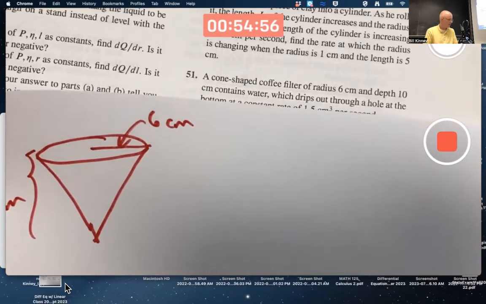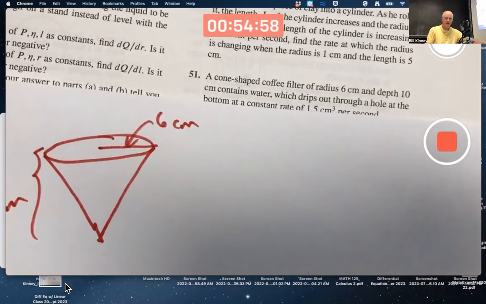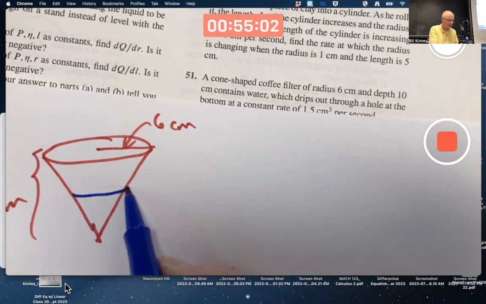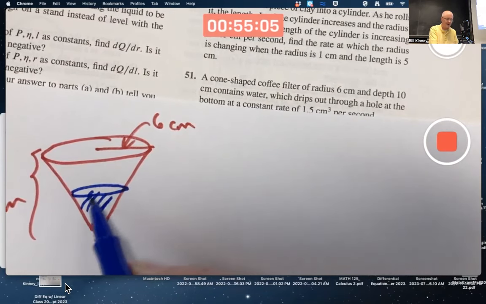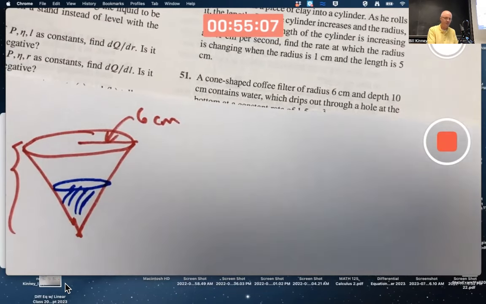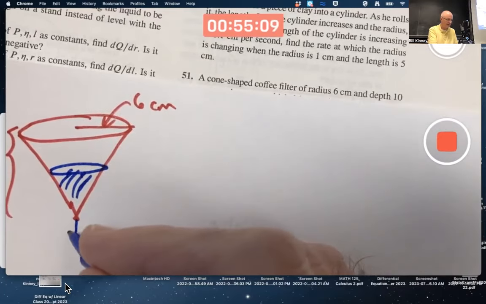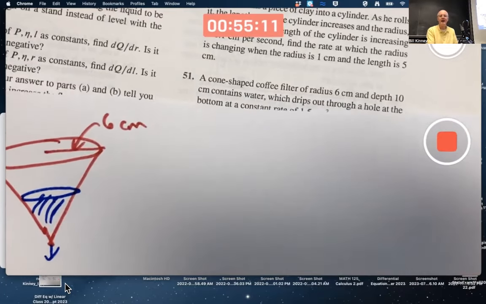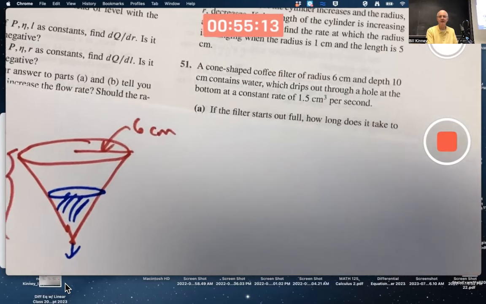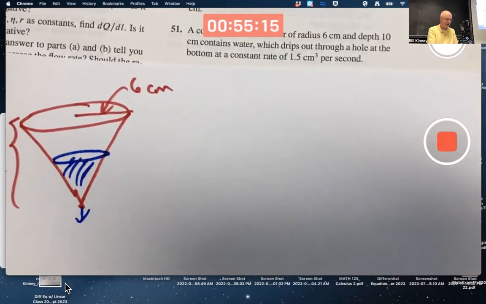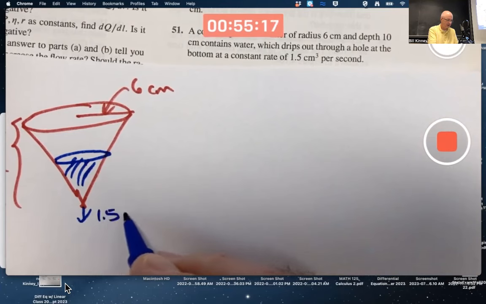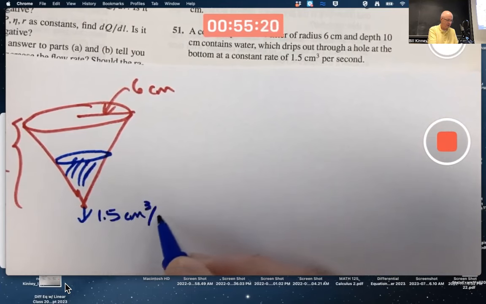Contains water, which drips through a hole in the bottom. So there's the water. It's also in a cone shape, dripping out through the bottom at a certain constant rate, 1.5 cubic centimeters per second.